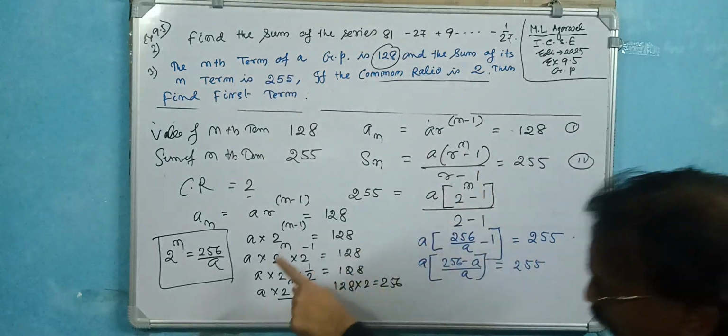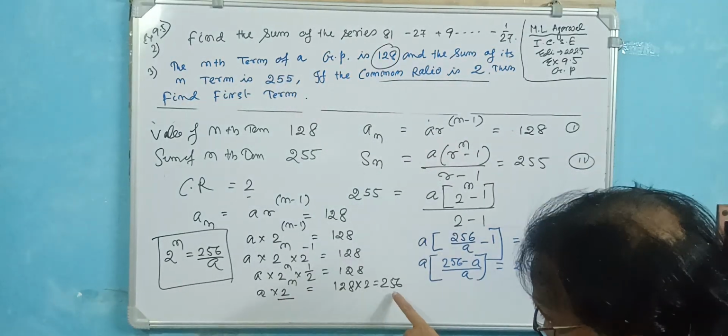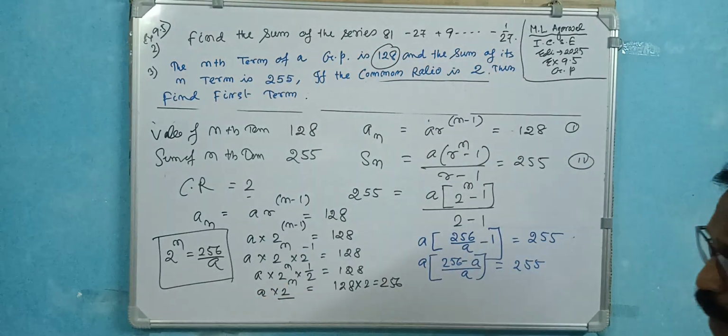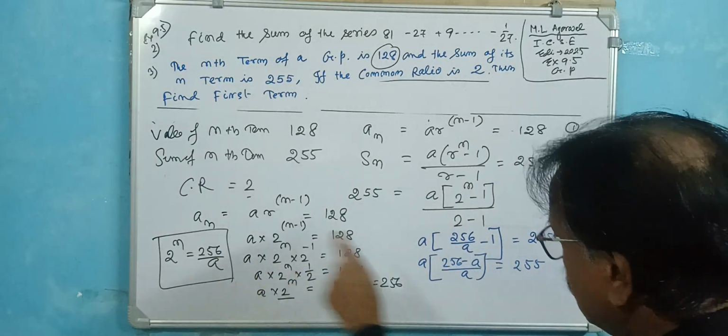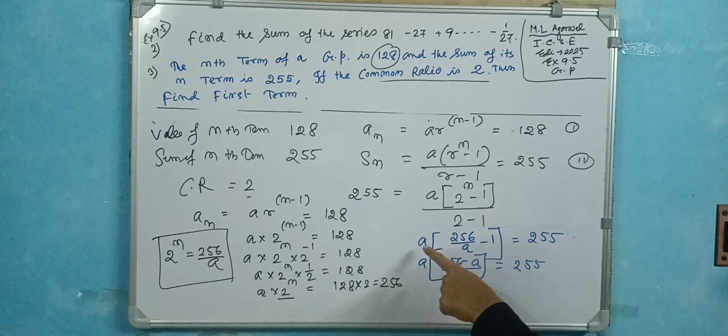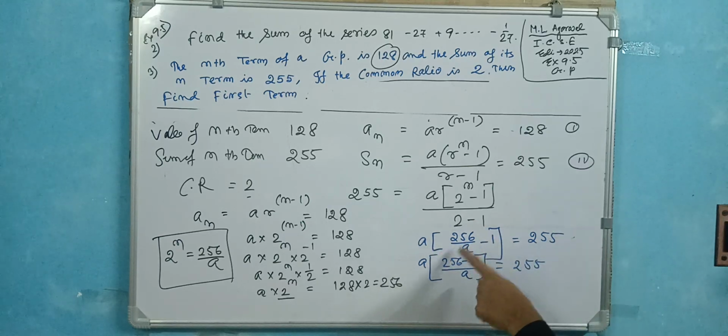From here you calculate 2 to the power n, that is 256 by a, and you just put the value here. Now, 2 minus 1 is 1. So this is 256 minus a by a into this.